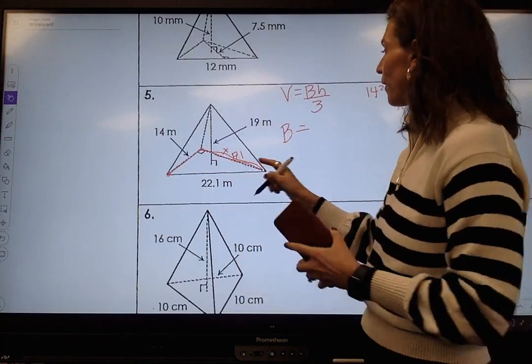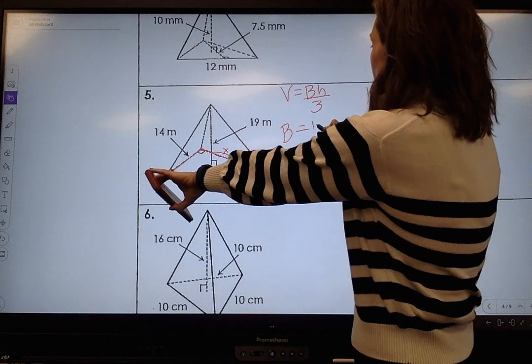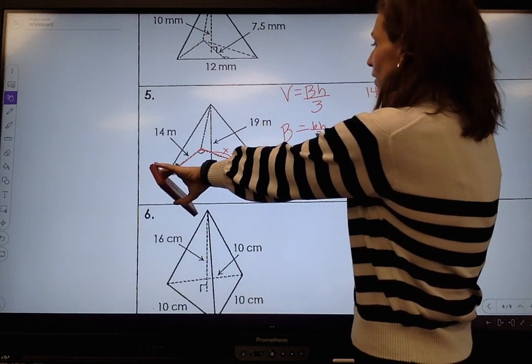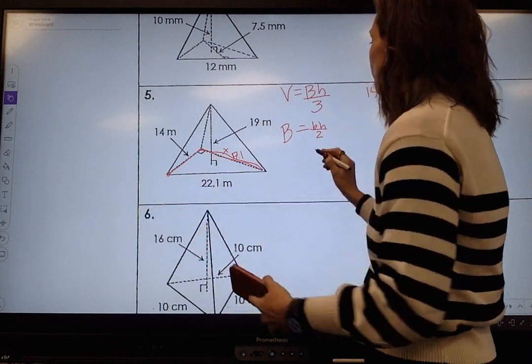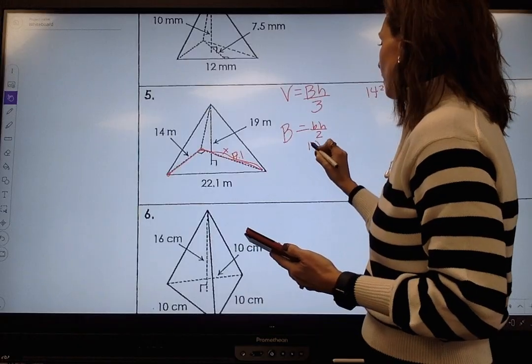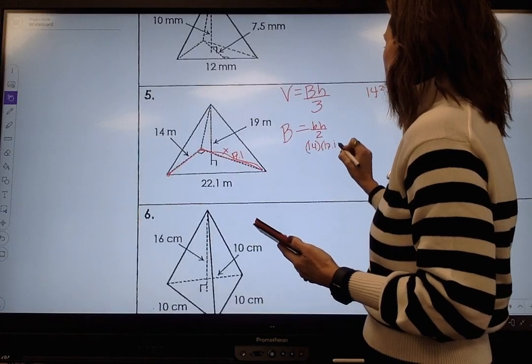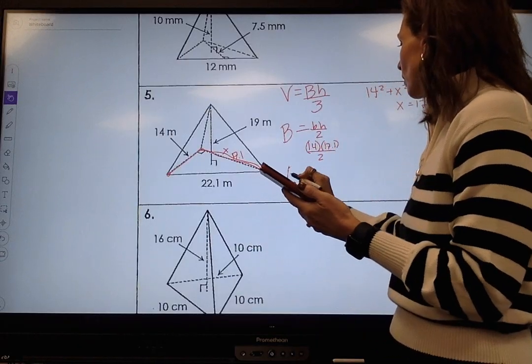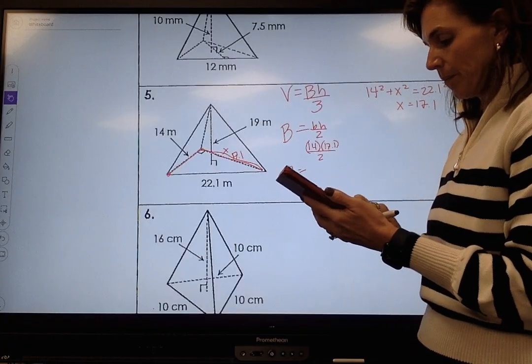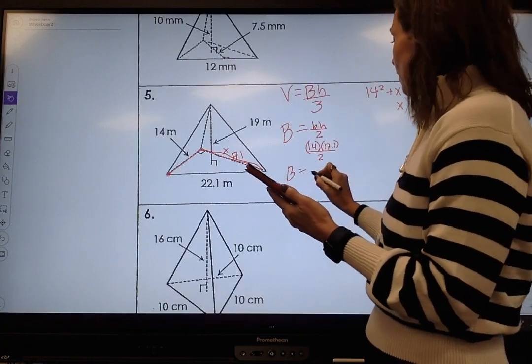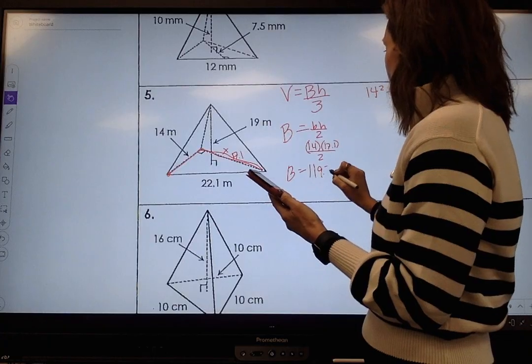So now when I find the base, remember big B is base times height divided by 2. That's the area of this base. So I get 14 times 17.1 all divided by 2. And the big B is going to be 119.7.